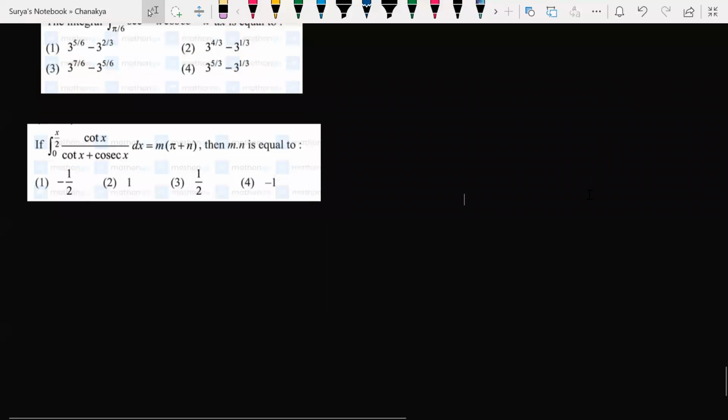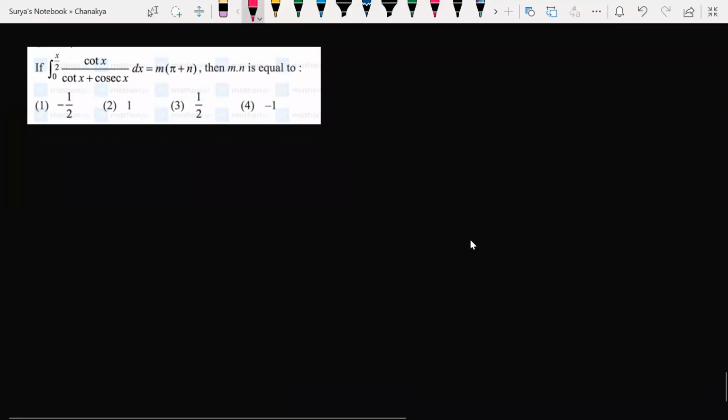Okay, guys, solve this question. I'll give a hint here. It is a very simple question. Let's look at this with 0 to pi by 2. You can use the property.